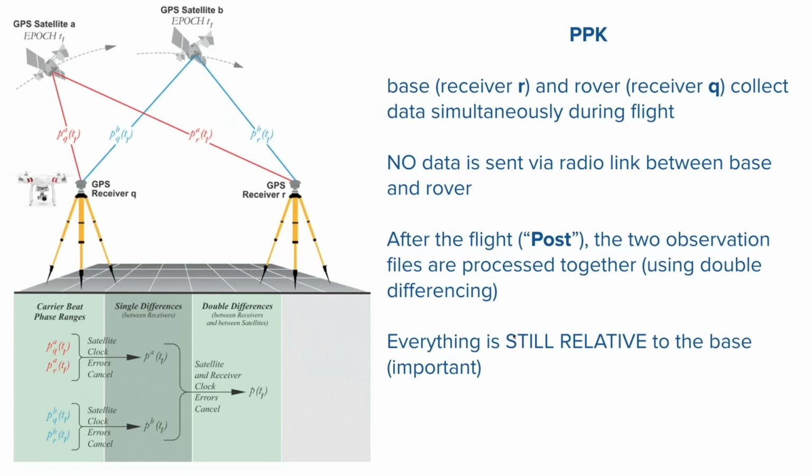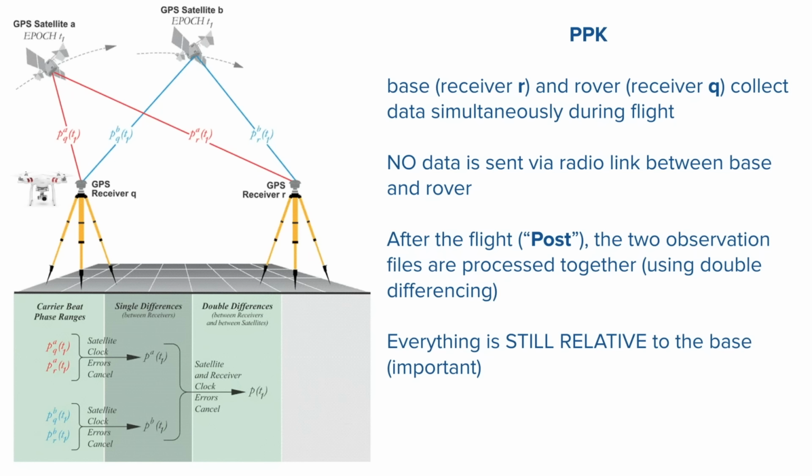Like I mentioned, with PPK everything is post-flight. You bring the observation files down onto your computer, and you might wait a couple days to get more accurate GPS observations from NGS, for example, better, more accurate RINEX files. But everything is done post-flight.